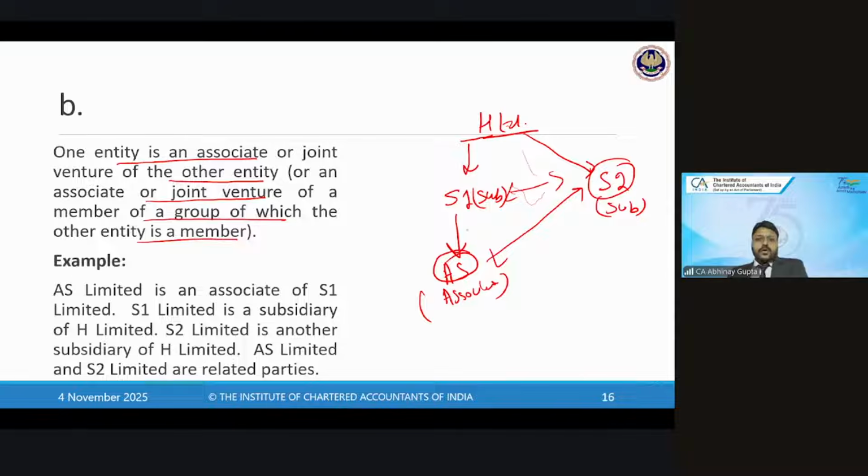Now, clause B says if a subsidiary has an associate, then this associate is also related to this group. So associate AS is a related party for S2, for H, and for S1. Correct? So this is clause B.